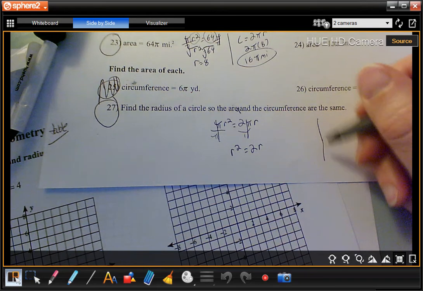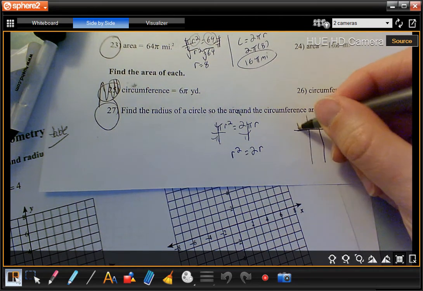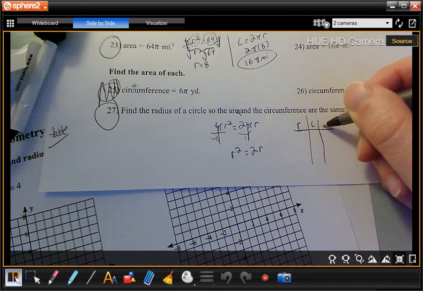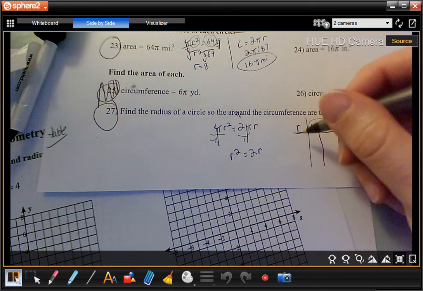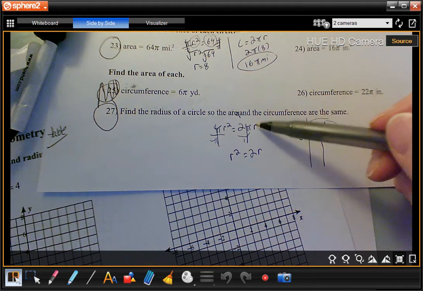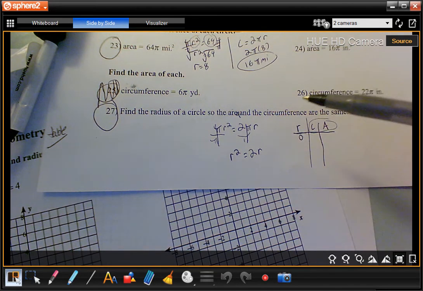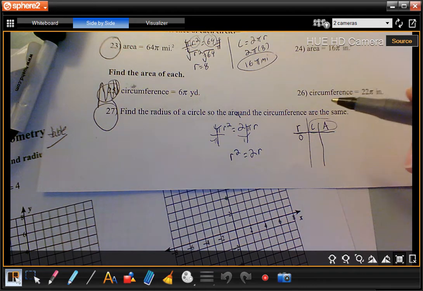Another way to think of this is if you have the radius, the circumference, and the area. We want the circumference and the area to be equal. So if I plug in a radius of 0, I am going to get 0 times 2 is 0, times 3.14 is 0. But that doesn't really help me, right?